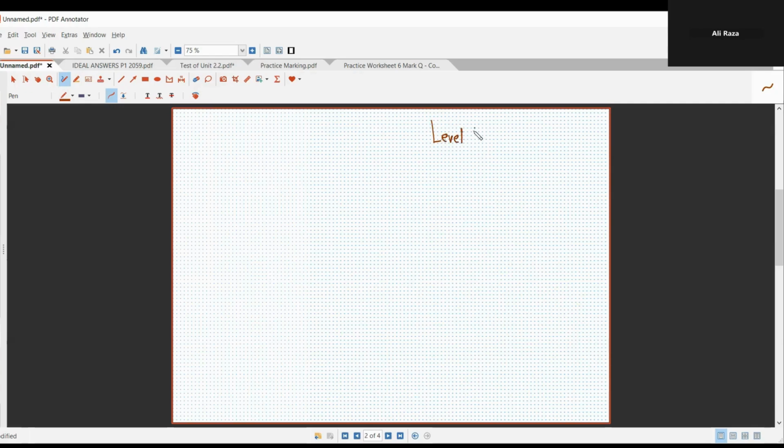Level 4 is something that is not given in the question. So level 4 क्या है? That is the factors not given in the question. So that will get you the 7th, 8th and 9th mark, right? So this is something that is not given in the question.